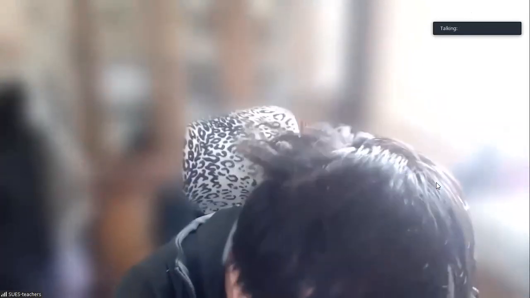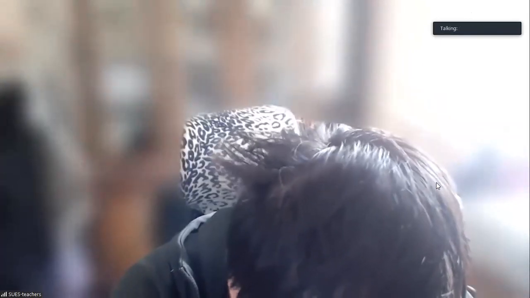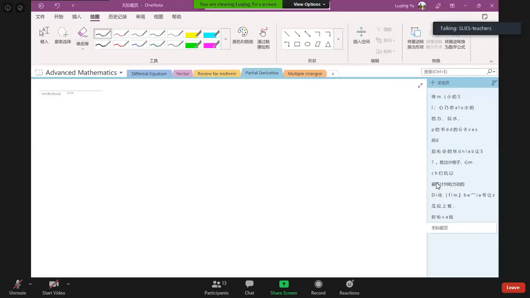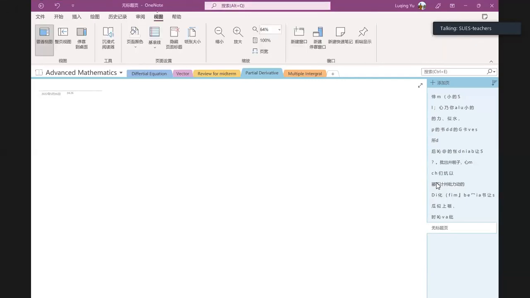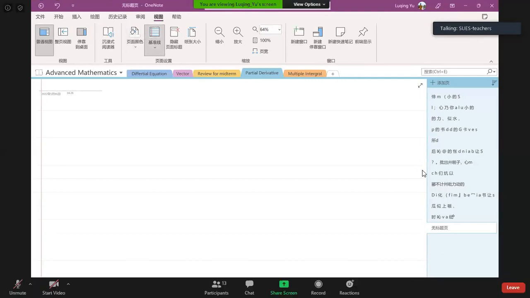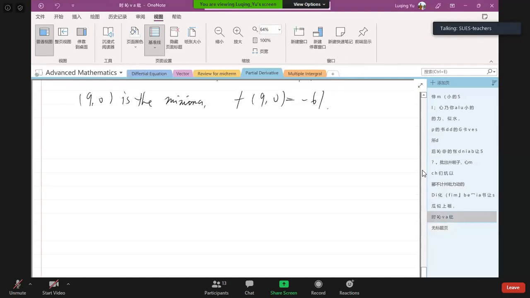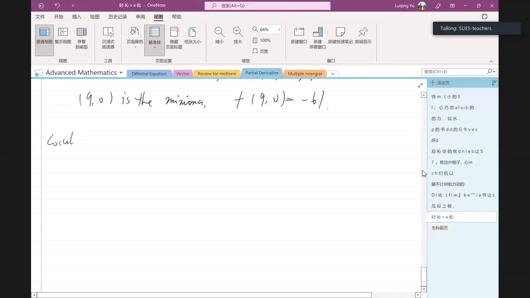For the questions of finding the local minima and the local maxima, what we did was make sure of the conditions for the local maxima and the local minima.